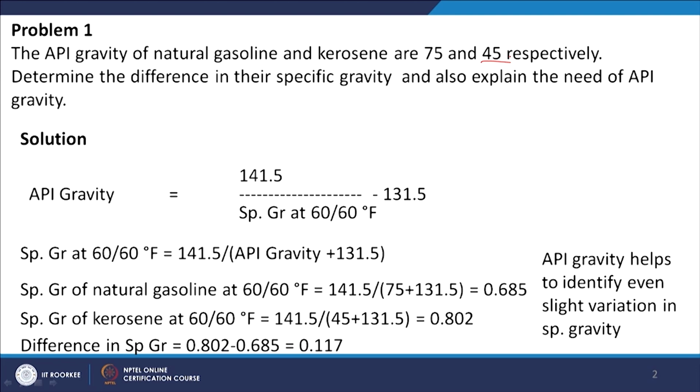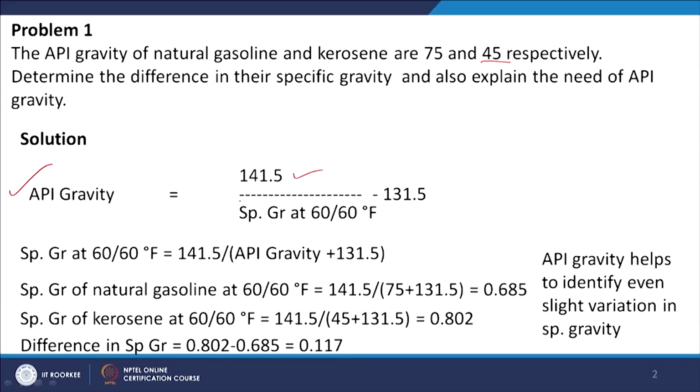So, we have discussed in our previous class that API gravity is equal to 141.5 divided by specific gravity minus 131.5, and this is proposed by the American Petroleum Institute. Now, in this case we have API 75 for natural gasoline and 45 for kerosene.